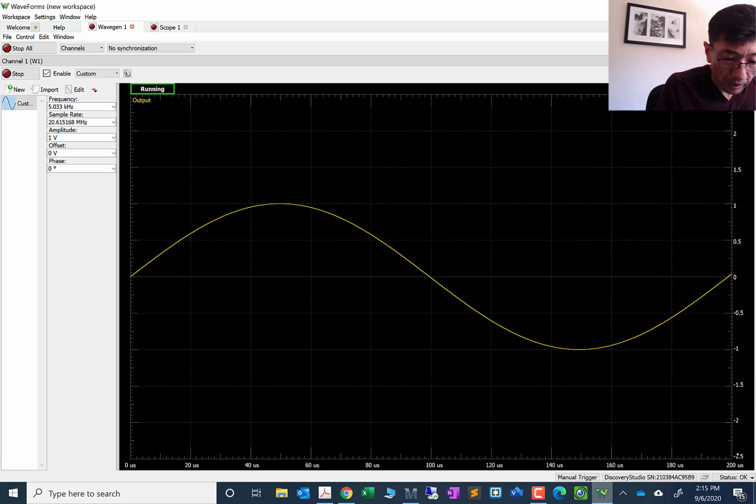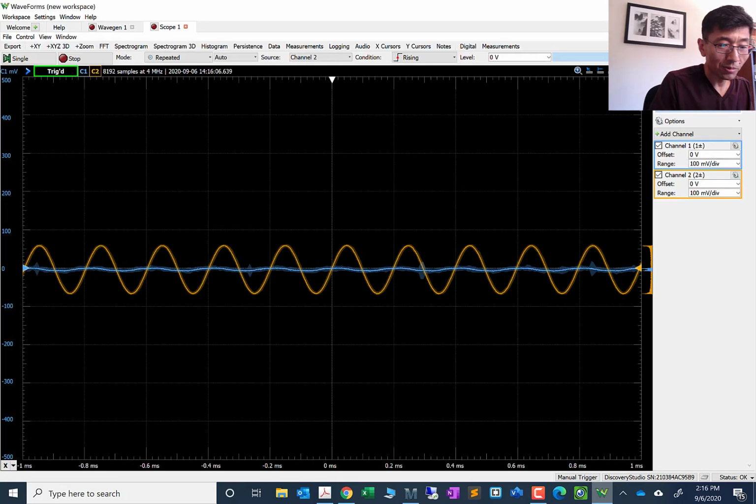If you look at the scale here, it is 200 microseconds. The total period is slightly less than 200 microseconds, so that's a little bit higher than 5 kilohertz. So let's see the waveform. Are you expecting a very interesting effect there? Ooh, look at it, right?